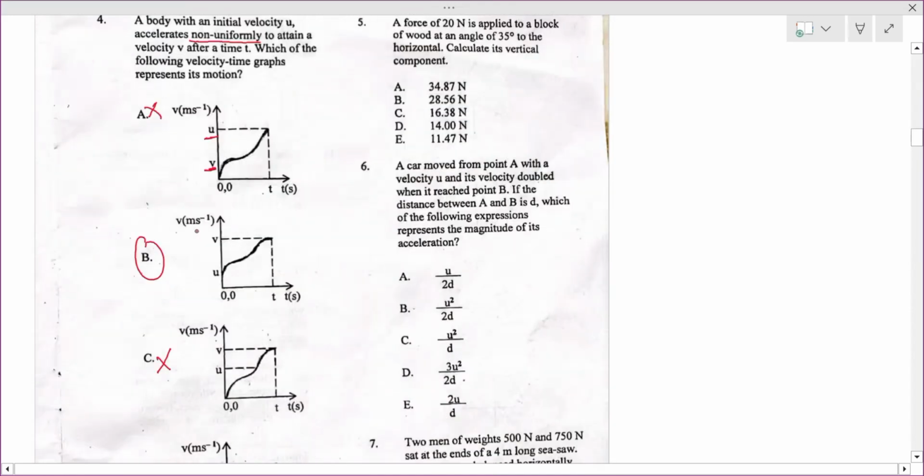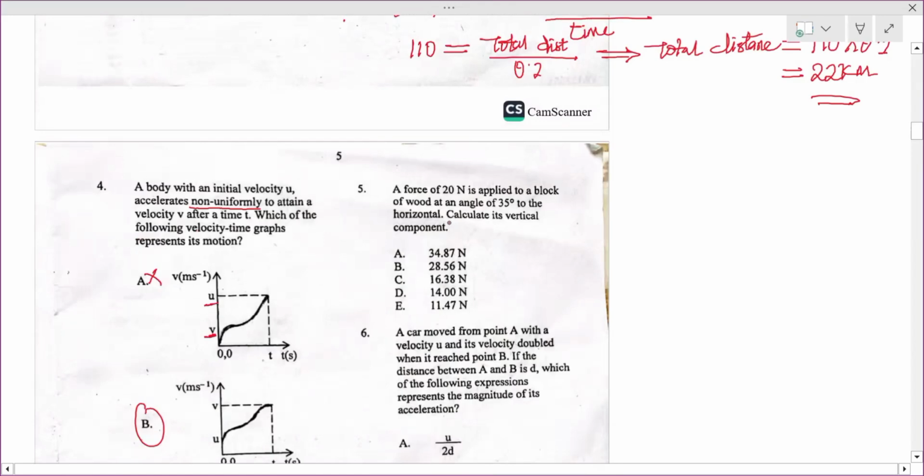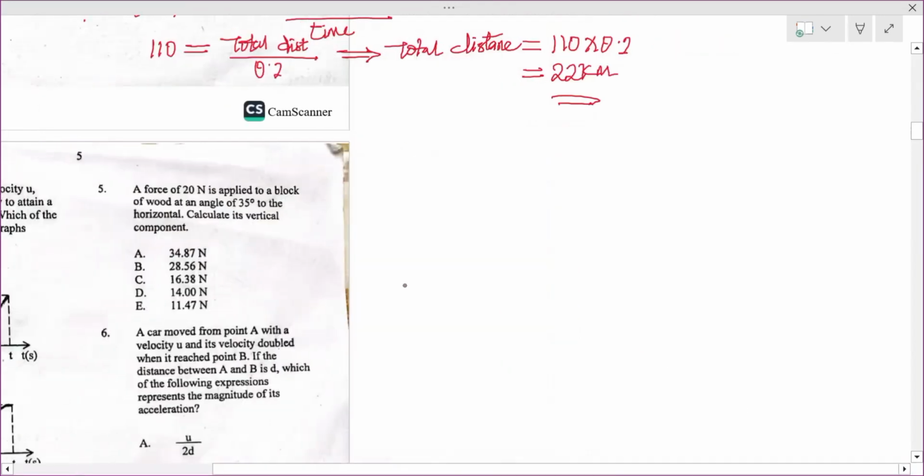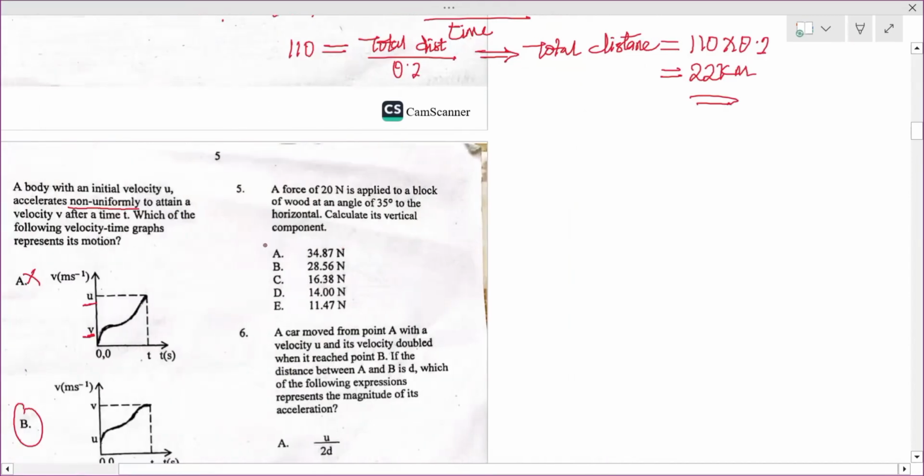Are we there? Now let's look at question 5. Question 5 says, a force of 20 Newton is applied to a block of wood at an angle of 35 degrees to the horizontal. Calculate its vertical component.